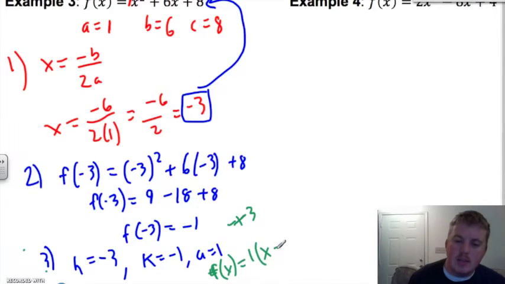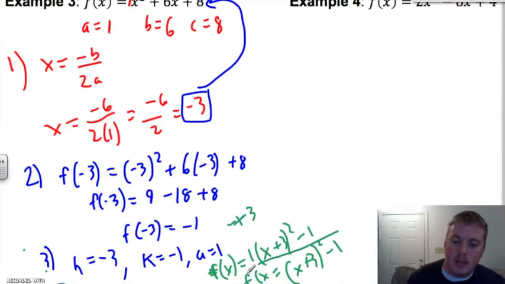So instead of minus 3, we're going to have plus 3 squared, and then plus our k, which would be plus a negative 1. Now most times when you see this, you will have that 1 be invisible, since 1 times anything is 1, and you would have x plus 3 squared minus 1 as your final answer.